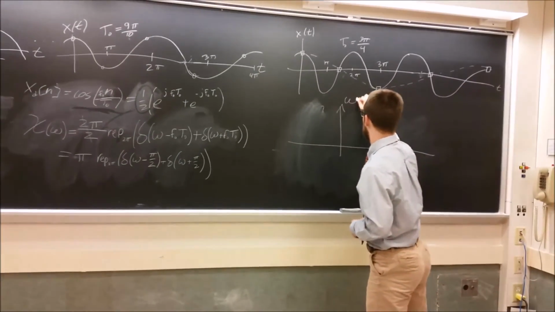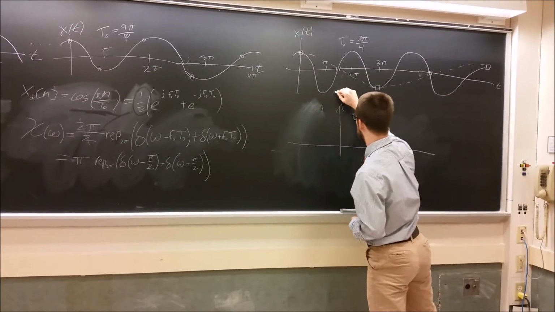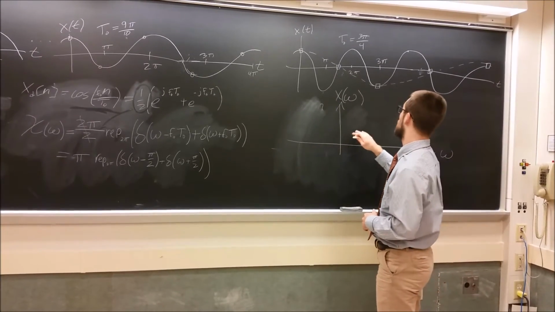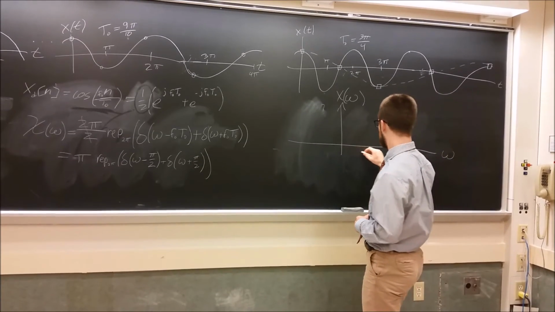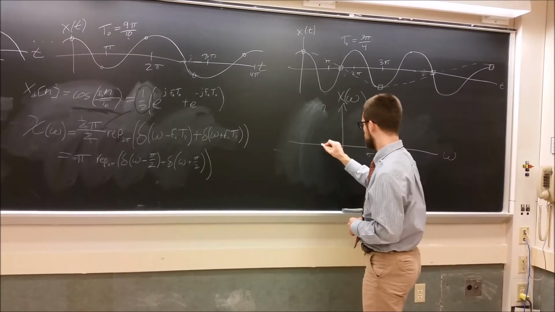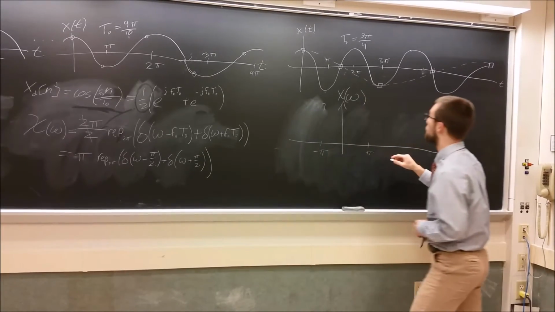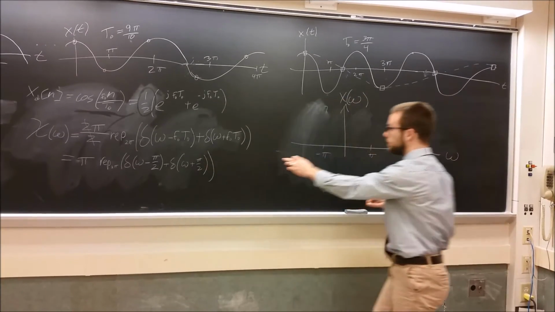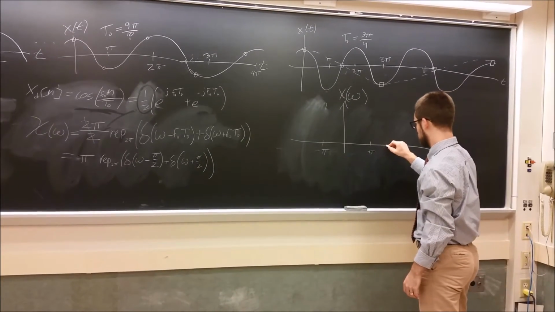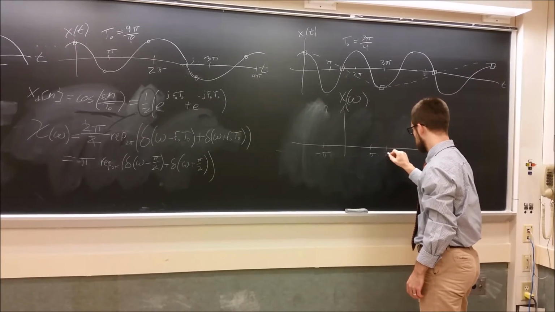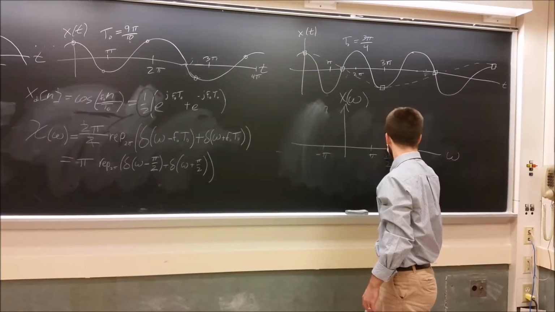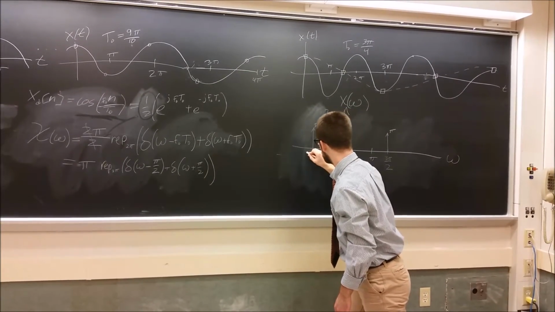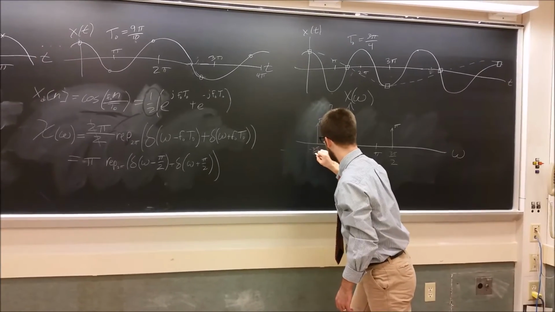So now going to draw the frequency domain plot of this one. So if we have pi, minus pi, our deltas are going to be, instead of pi over 2, they're going to be 3 pi over 2. So all the way up here, and this is going to be negative 3 pi over 2.